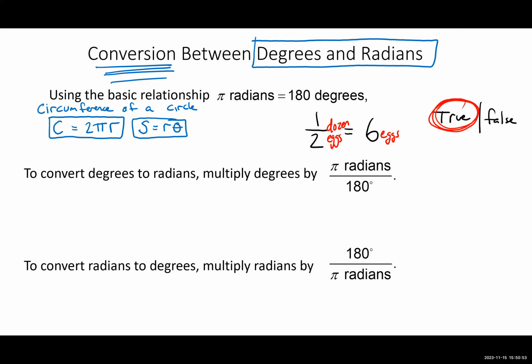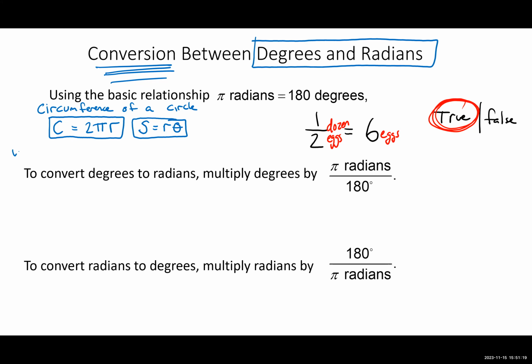All right, now think about this. What angle gives you a full circle? One full circular rotation. Well, that's 360 degrees.